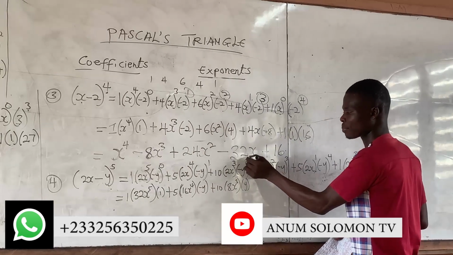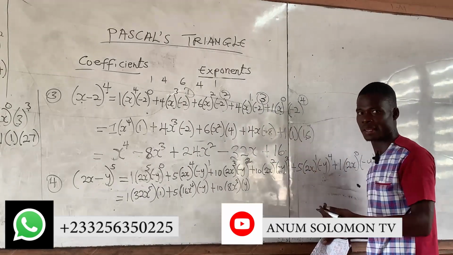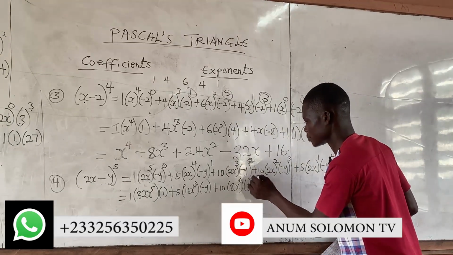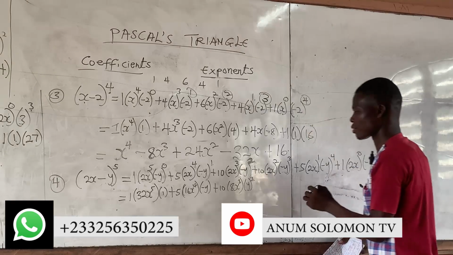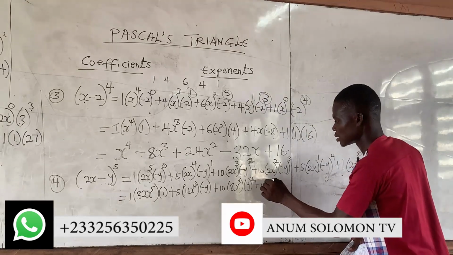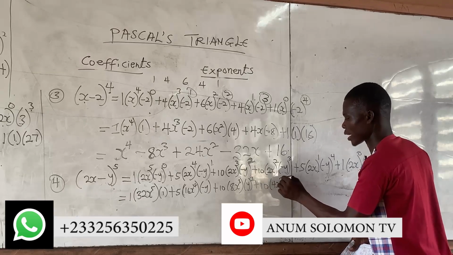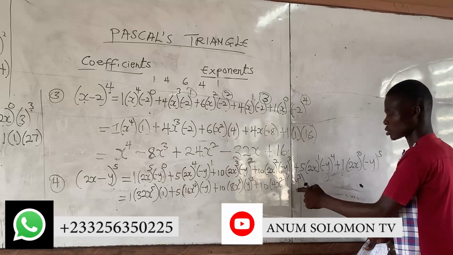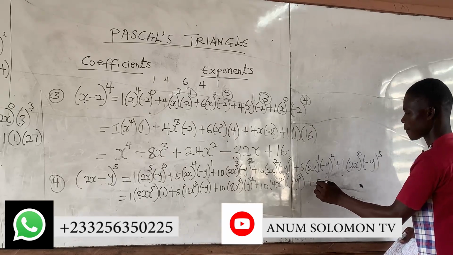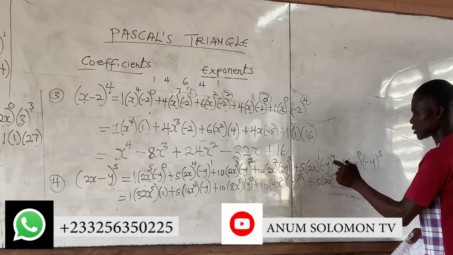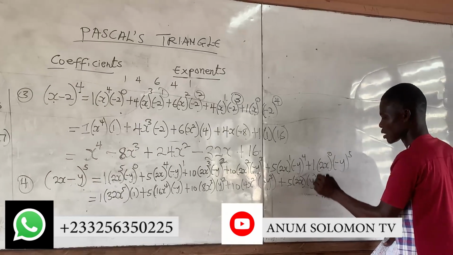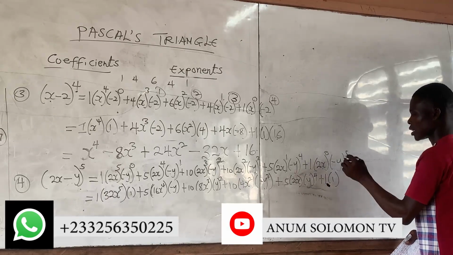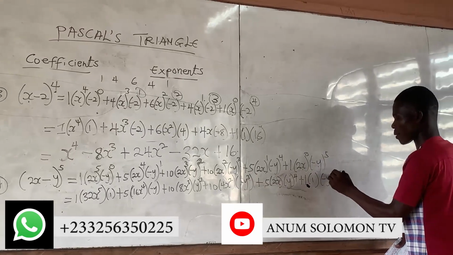Since the 2 here is an even power, it's minus y times minus y, that's positive y squared. Plus 10 bracket 4x squared times minus y cubed, that's odd, plus 5 bracket 2x, this is an even power, we have bracket y to the power 4, plus 1. 2x to the power 0 is another 1, and this is an odd power, times minus y to the power 5.